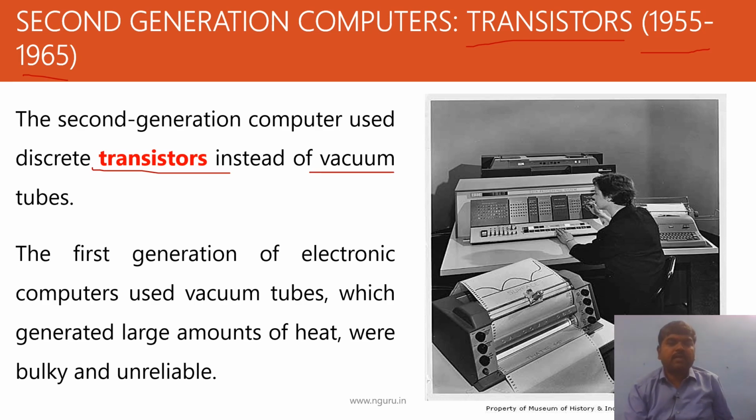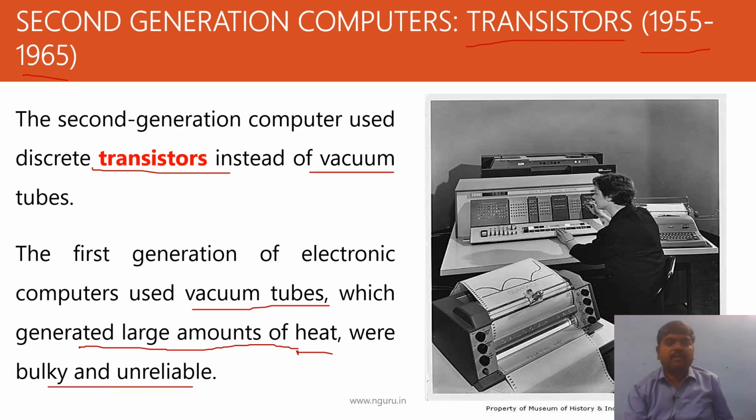The vacuum tubes used to be very bulky, occupying entire rooms, and at the same time they used to take huge electricity. For the same reason, they used to produce a lot of heat.